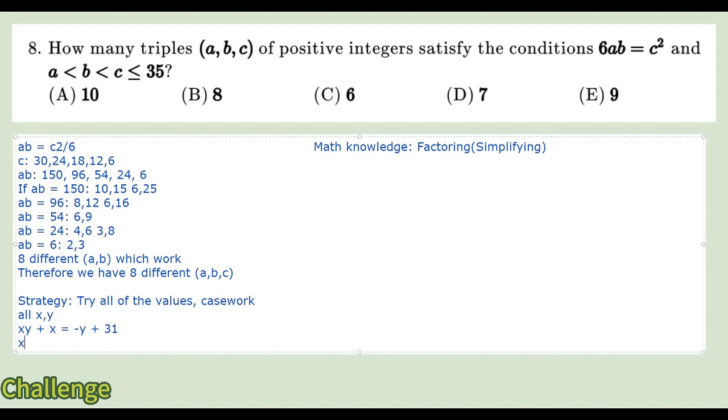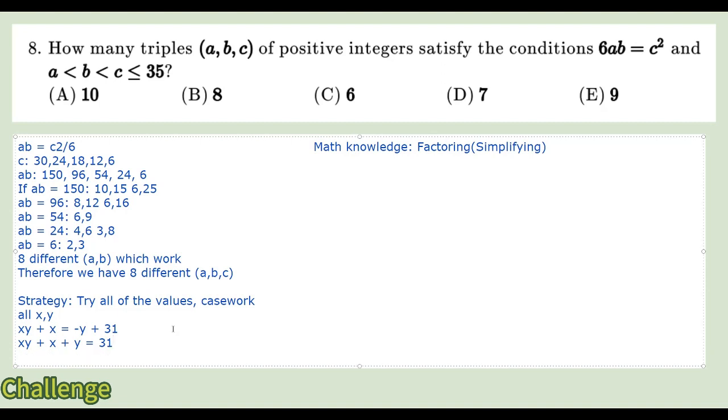If we wanted to figure out this equation, we move all of the x and y variables onto one side and we try and factor it. This actually factors into x plus 1 times y plus 1 minus 1, because the 1 times 1 is 1, minus 1, we get rid of the 1, and it's equal to 31. If we move the 1 to the other side, it's equal to 32. Now this is really easy to figure out, because we've broken the variables into factors, which means that we can take all of the factors of 32 and do basically what we did in the problem up here.